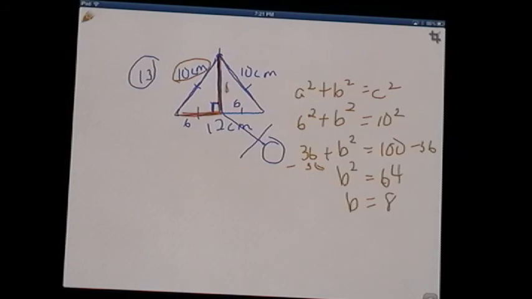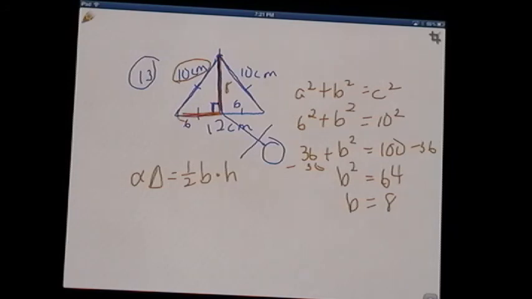All right, but the question says to find the area. So we're going to use our area of a triangle is 1/2 base times height. Well, our entire base is 12, so don't use that 6 that you used before, because that was just using 1/2 of that large triangle, using a small triangle, to find the height.